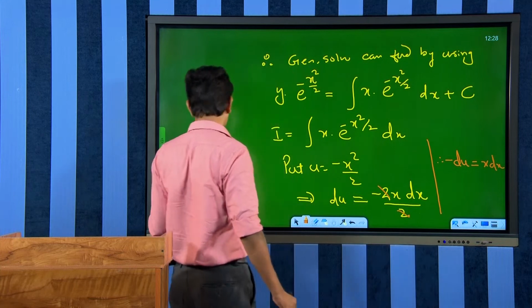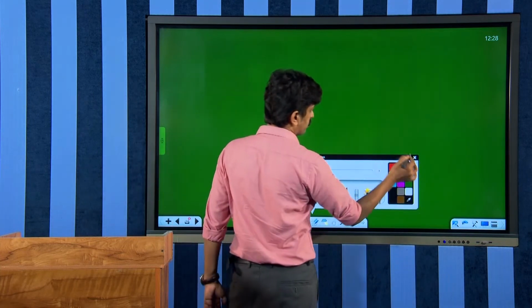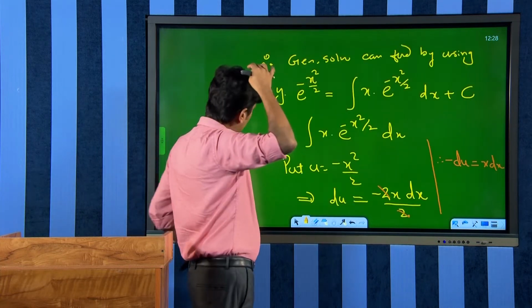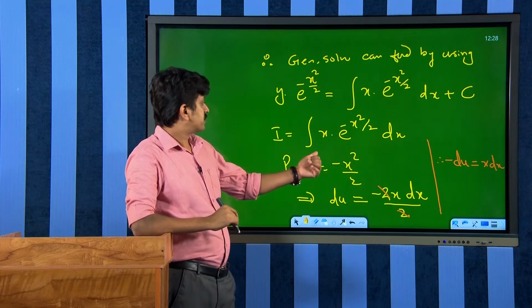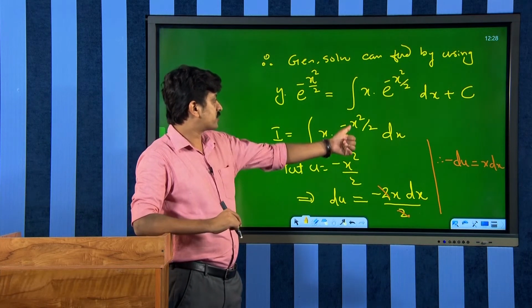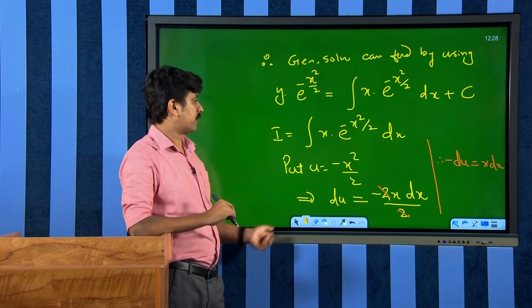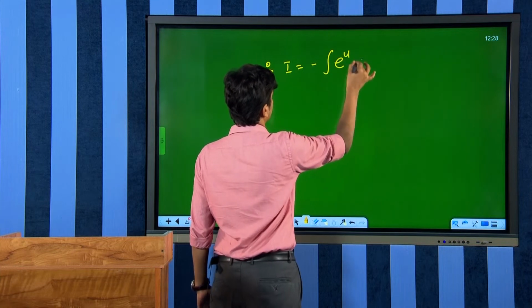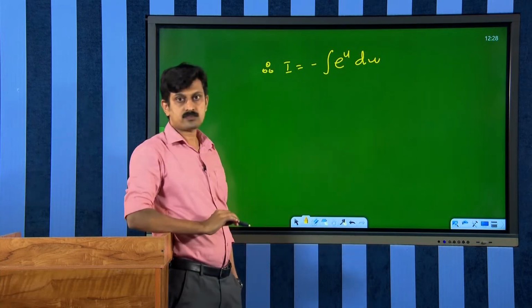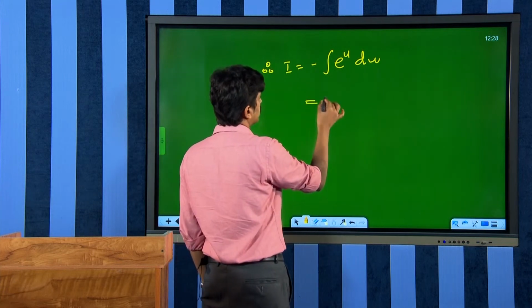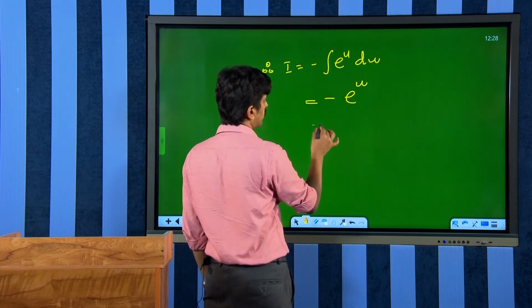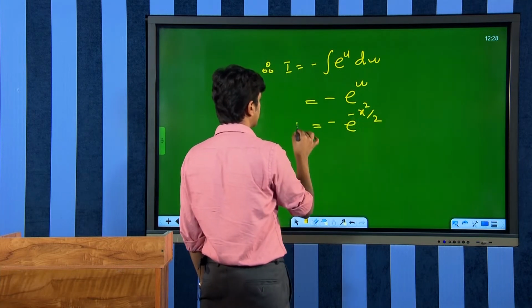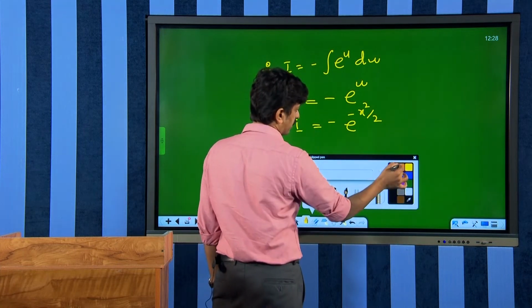Therefore, I is equal to minus the integral of e raised to u du, which is minus e raised to u itself. Replacing u, this is equal to minus e raised to minus x square by 2. That is actually the I.